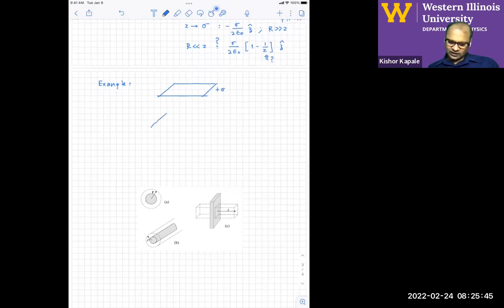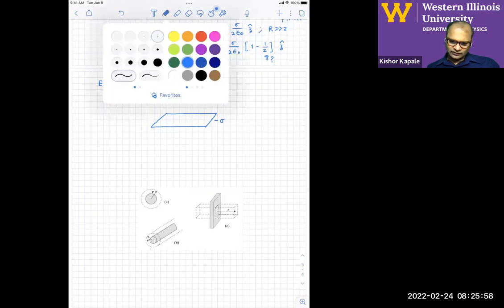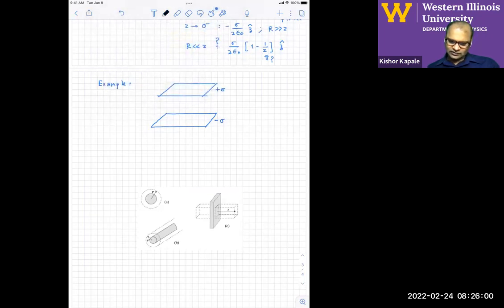And then you do the same thing with another plane that is situated close by, but has charge density, let's say negative sigma. I should have used different colors for this. So I'm going to use a different color for the top one so that we can distinguish between the electric field due to the two different planes. So that is positive sigma.